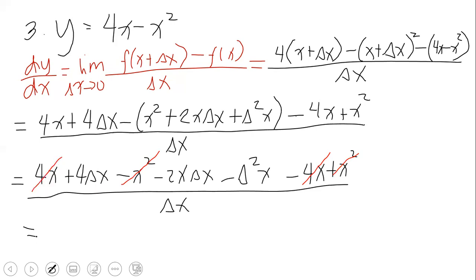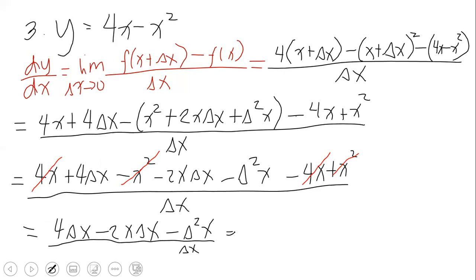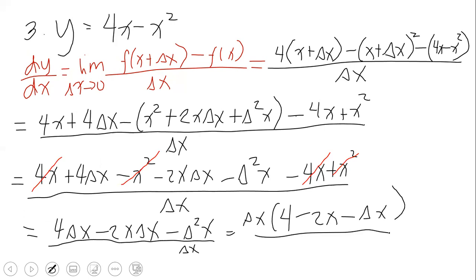So, meron tayong 4 delta x minus 2x delta x minus delta squared x all over delta x. So, take out natin si delta x. So, since this is the common factor, so delta x times 4 minus 2x minus delta x all over delta x.